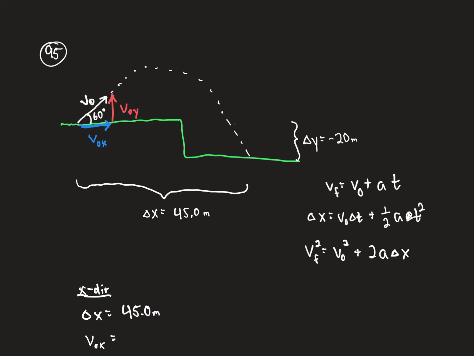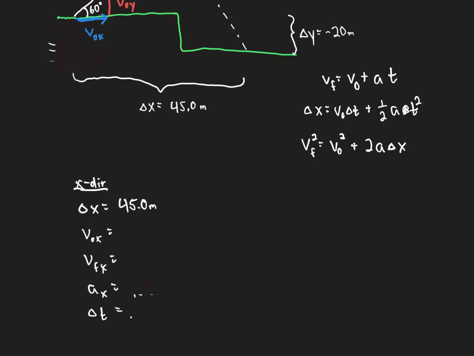What side of the right triangle is V initial x? Is it the adjacent side or the opposite side? Adjacent. Which trig function is adjacent? Cosine. So this V naught x, I don't know exactly what it is, but I do know it's V naught times the cosine of the angle. What's the angle? 60.